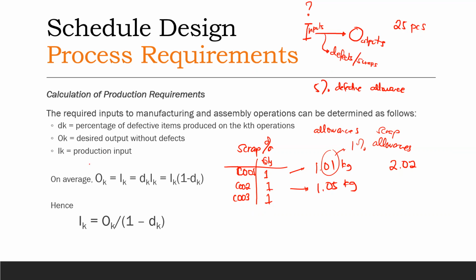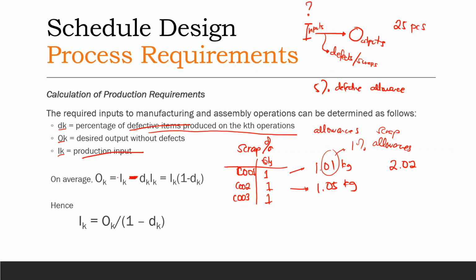Okay, so we may use this formula. Whereas D sub K is the percentage for defective items produced in the K-th operation, O sub K, desired output without defects, and then ito yung production input mo. So masasabi natin, okay, may mali dito. Dapat ito ay minus sign. Ayan.